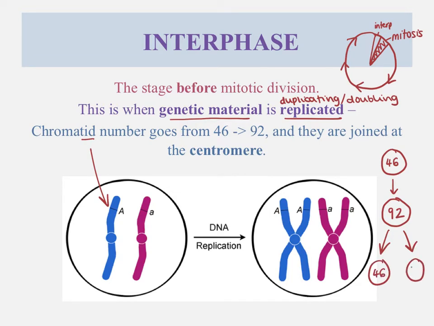Our two daughter cells have 46 chromosomes each. Now, interphase is just this bit. You do not need to know any further detail about what happens in interphase. That's it. DNA replicates, chromosomes replicate, done.